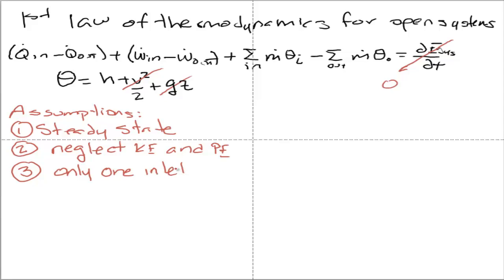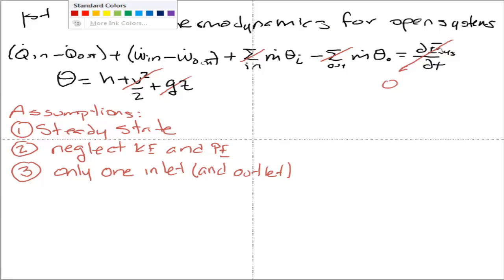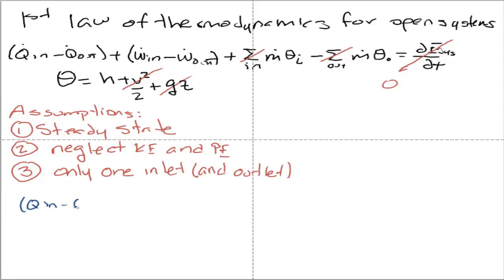For time's sake, we are going to use only one inlet and outlet. When we describe the enhancements to the Rankine cycle, such as open feed water heaters, we are going to see that we have more than one inlet and outlet, and we can have the same for the turbines. So if we apply these simplifications, we can rewrite our first law analysis as the heat in or out interactions plus the work in or out interactions.